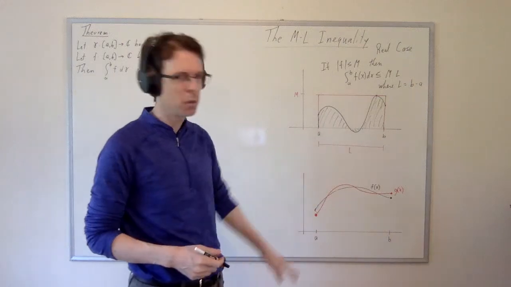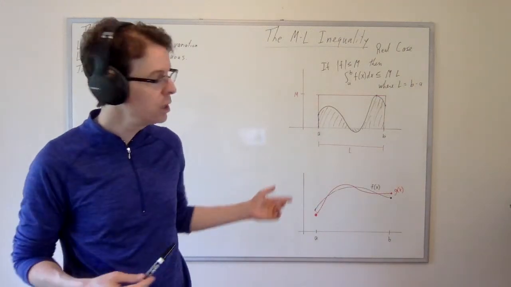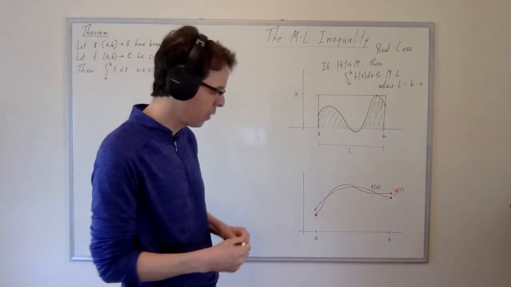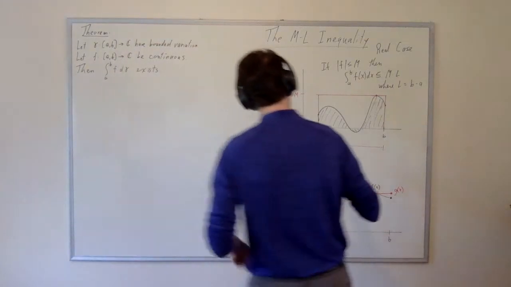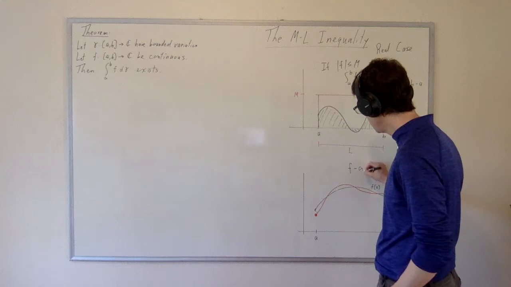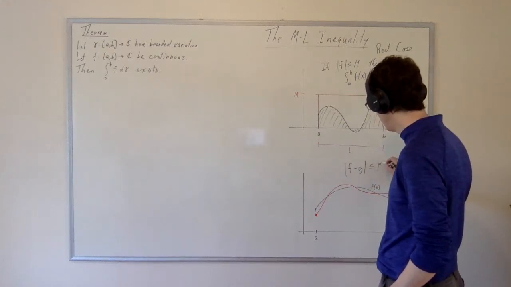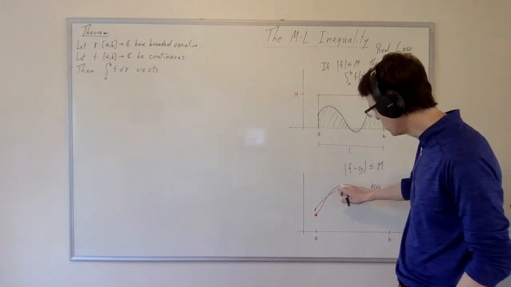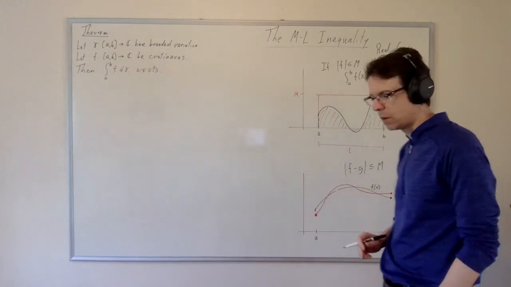If we have a function f graphed in black and a function g graphed in red, and they are pretty close to each other, so let's say, for example, that we can bound the difference between them: the absolute value of f minus g is bounded by M. So M is this now rather small distance between those graphs.